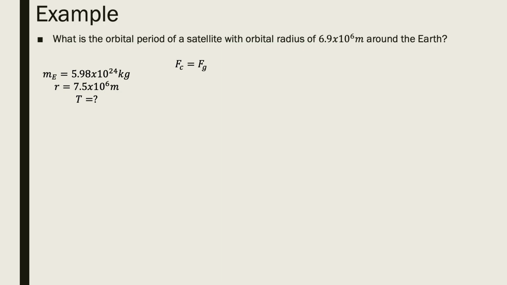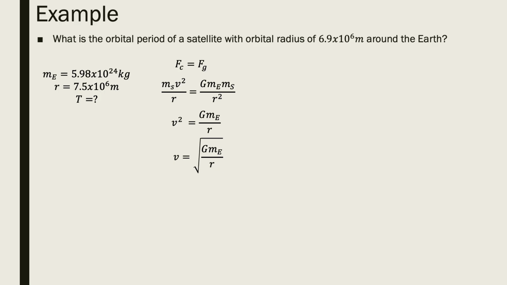So once again, we know centripetal force is equal to force of gravity. We can use MS v squared over r equals G ME MS over r squared. And then we arrange to solve for v.